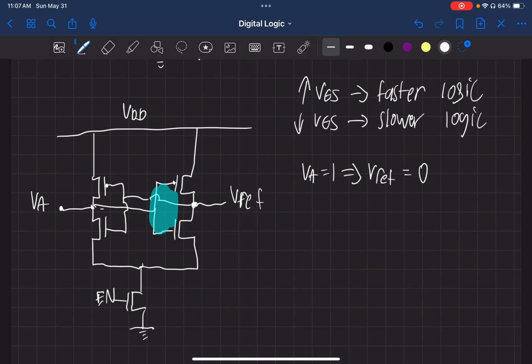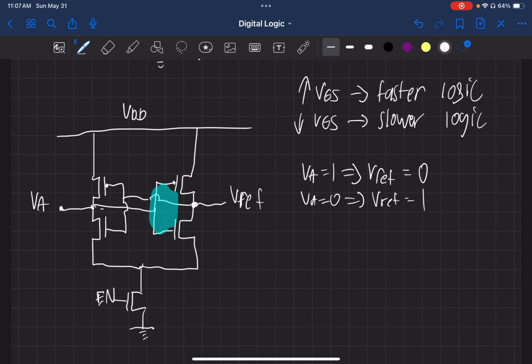Because they're going to be opposite of each other since they're inverting each other. VA is going to win basically, because VREF is in this weird in-between. And if VA is zero, then VREF is going to be one.